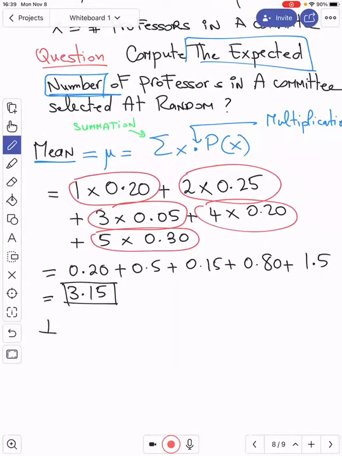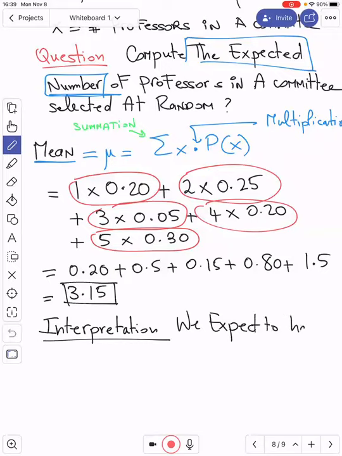So the interpretation here, we expect to have 3.15 professors, which is kind of close to 3. So approximately 3 professors in each committee. Okay, so that's the expected number.